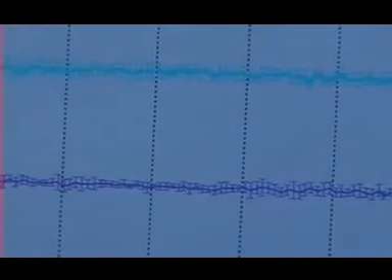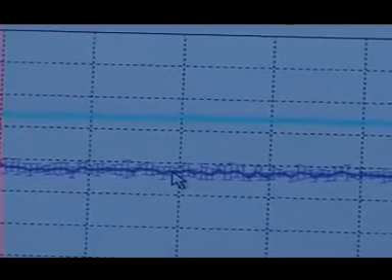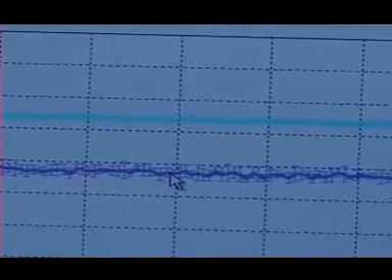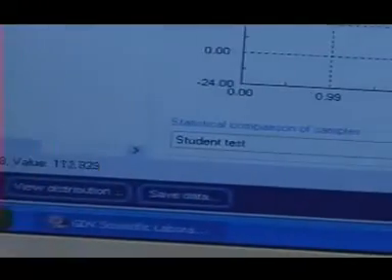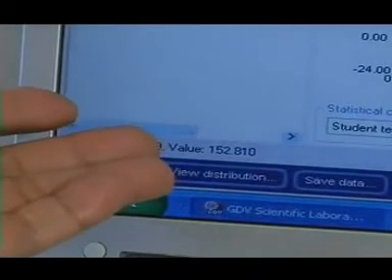Let's look at one more parameter. What would be the average intensity? Average intensity here shows that the base was about 113, and from 113 it went up to 150.